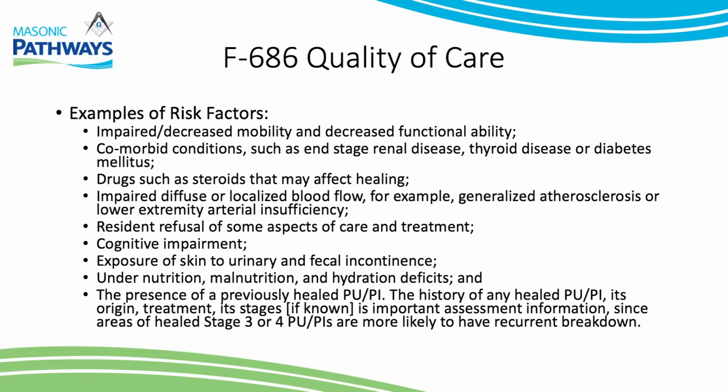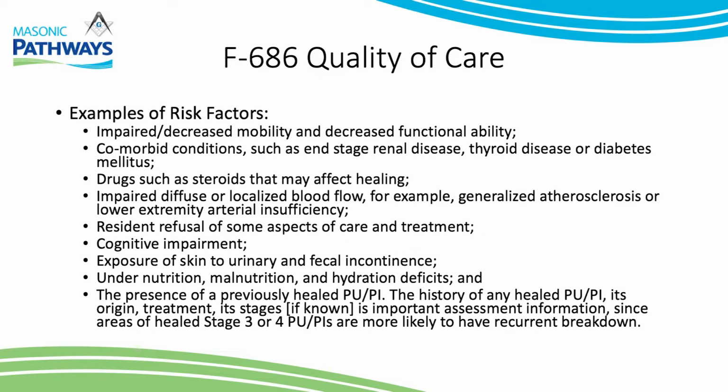Examples of risk factors: impaired or decreased mobility and decreased functional ability, comorbid conditions such as end-stage renal disease, thyroid disease, or diabetes, drugs such as steroids that may affect healing, and impaired diffuse or localized blood flow, for example, generalized atherosclerosis or lower extremity arterial insufficiency.